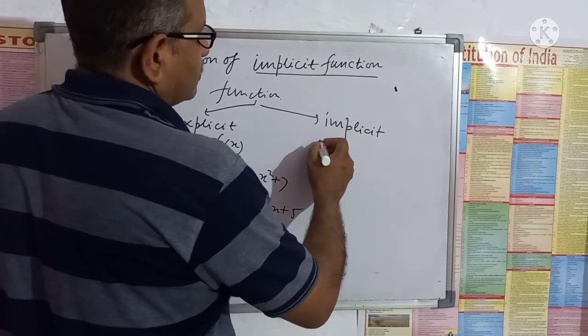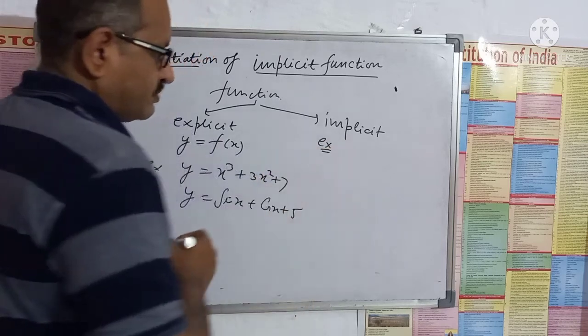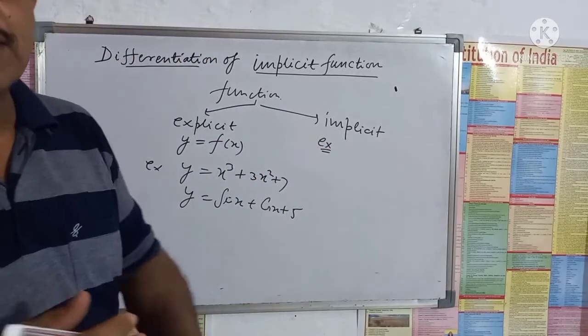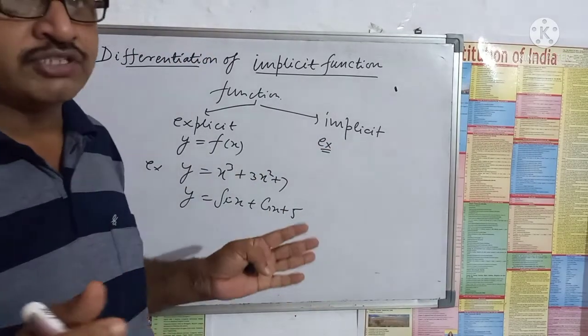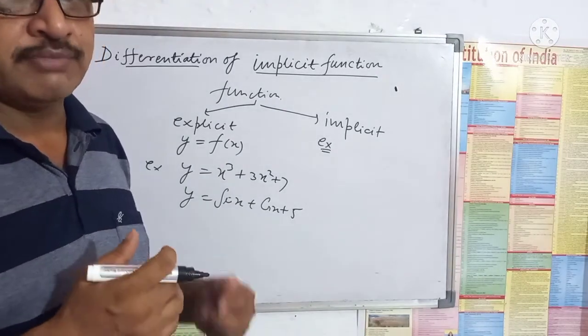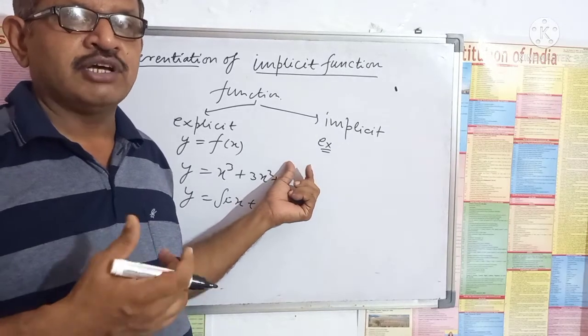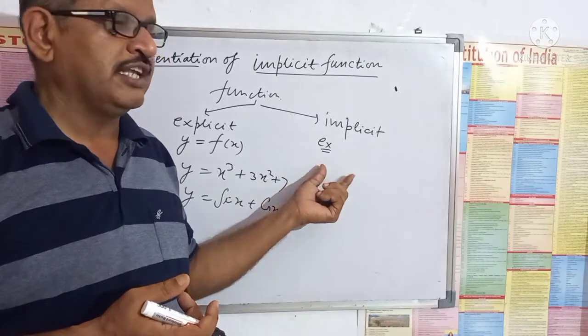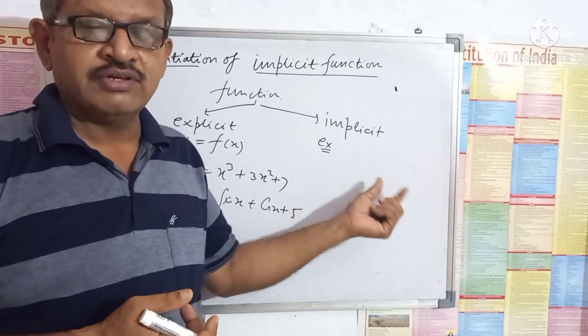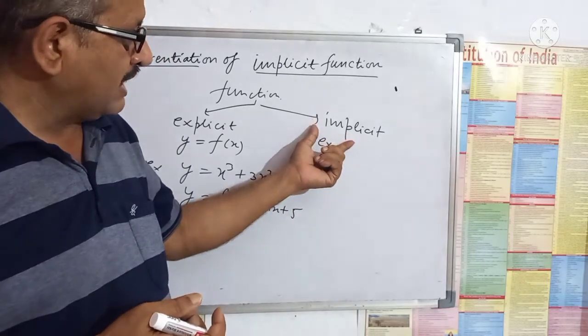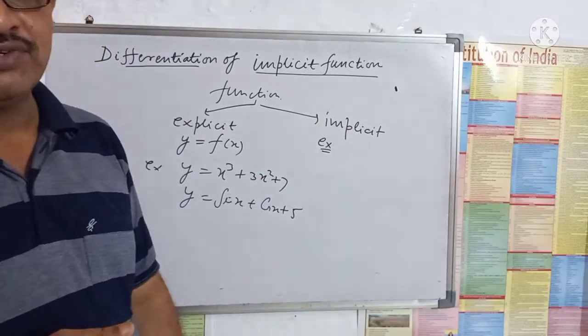And implicit function: suppose there is a relation between two variables and both the variables are mixed together in a complex manner such that we cannot separate one variable in terms of the other variable. Means we cannot express one variable in terms of the other variable. That type of function is implicit function.